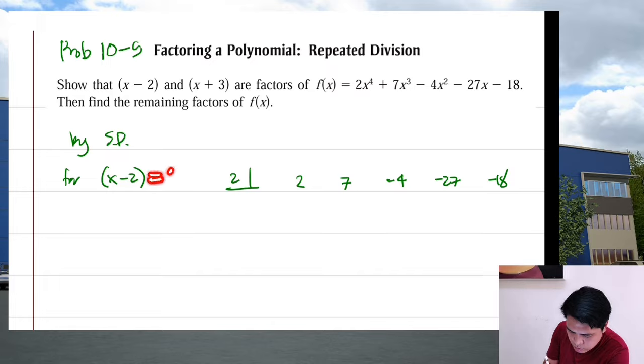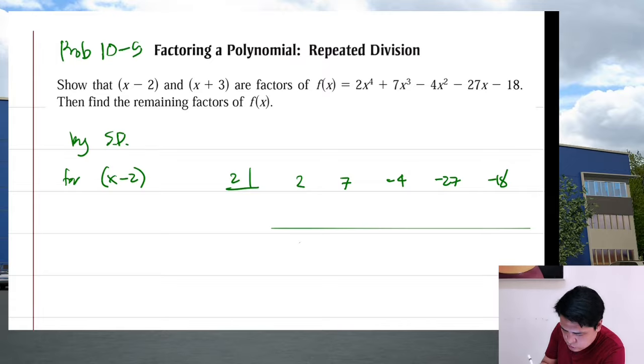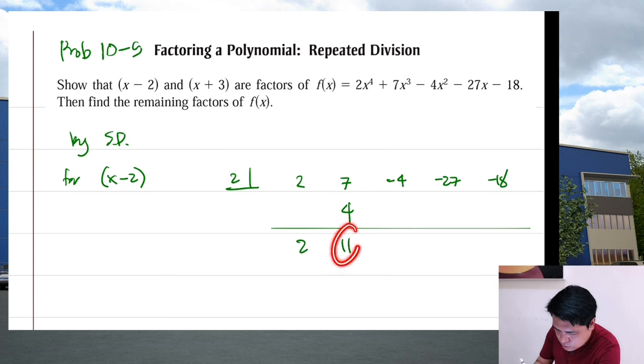By synthetic division, bring this down. Then this times this, that would be 4. Then we add, that would be 11. Then we multiply again, that would be 22. Then we add, that would be 18. Then we multiply again, that would be 36.